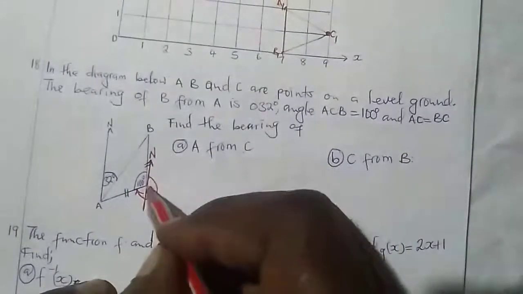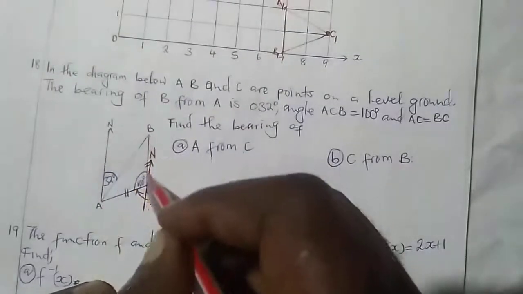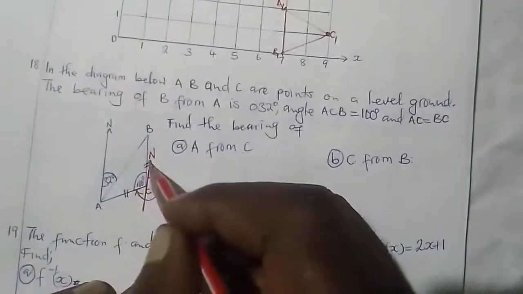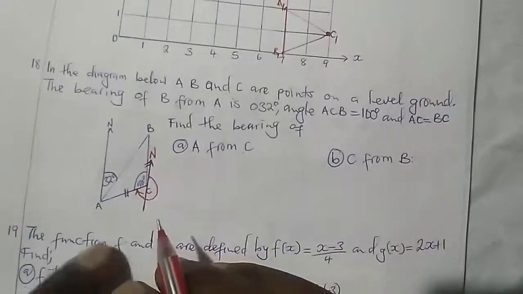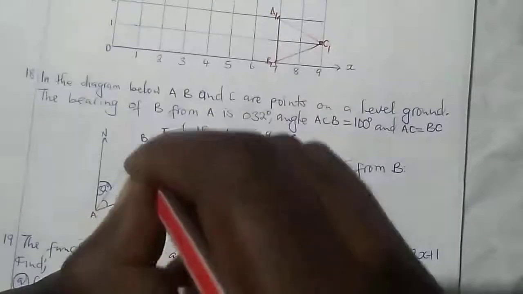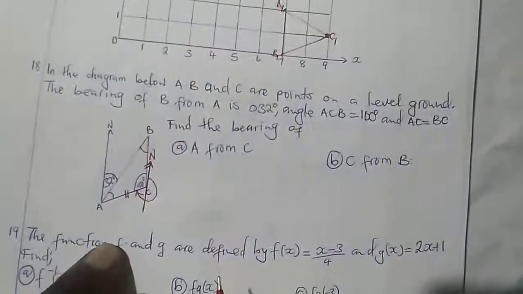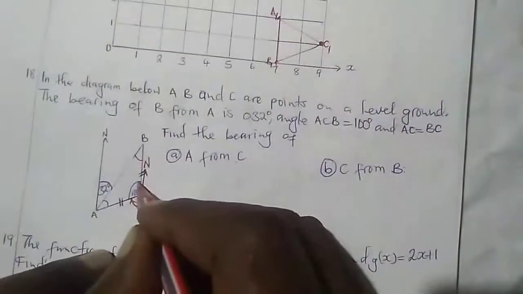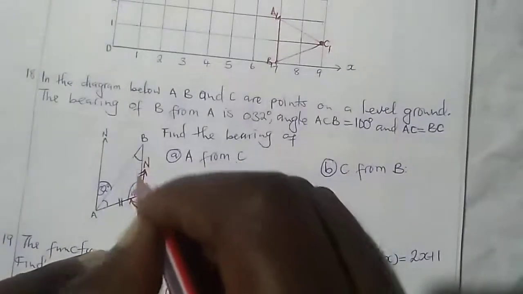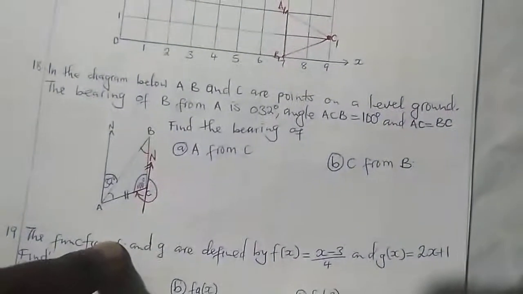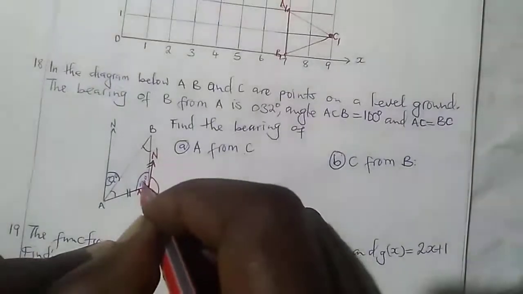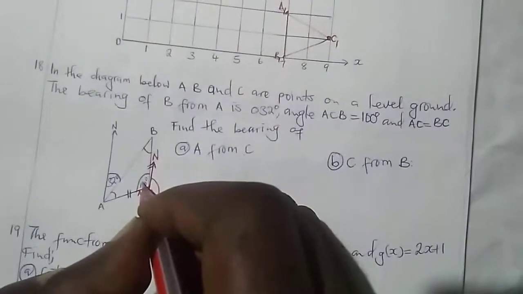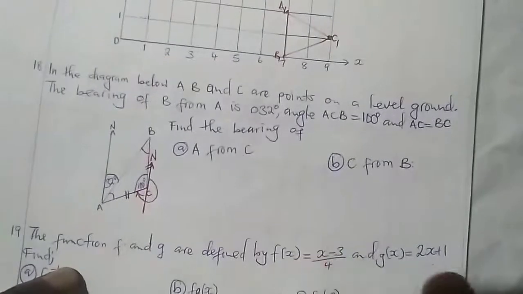Now, this shape is a triangle, and since these lines are equal, this triangle is an isosceles triangle. That means this angle and this angle are equal. Since this is 100 degrees, and the sum of interior angles in a triangle is 180 degrees, we take away 100 from 180, which leaves us with 80 degrees.